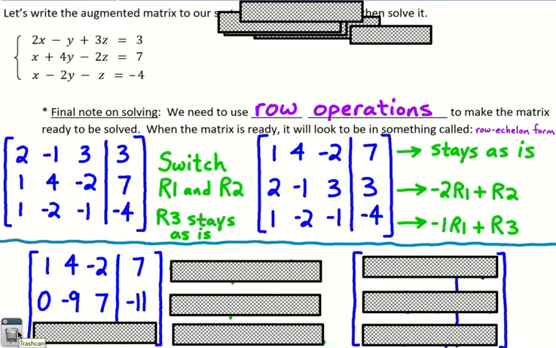So this row operation is going to be negative 1 times row 1, and then we're going to add row 3. So basically here again, my brand new row 3 is going to be the result of negative 1 times row 1 plus row 3.